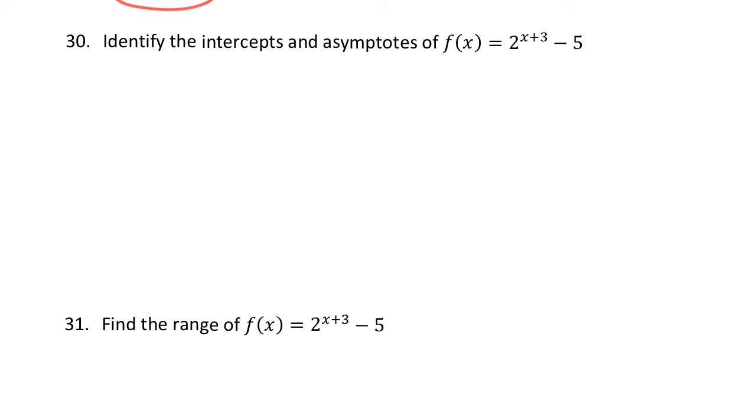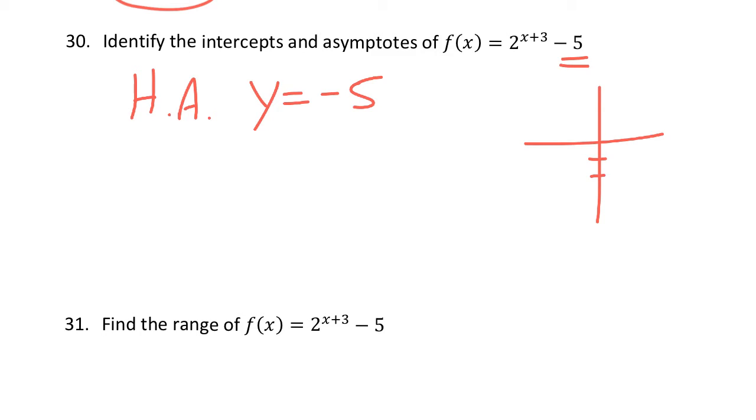Okay, 30 is also an exponential function. So since it's an exponential function, it has a horizontal asymptote, and it has a horizontal asymptote at -5. And we can envision that the graph will go up from there. So we want to find the intercepts.